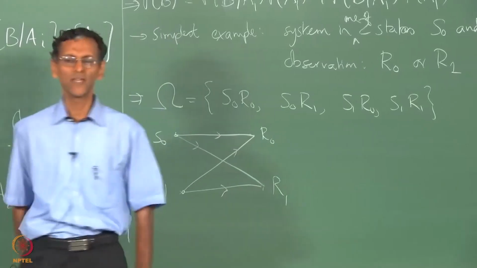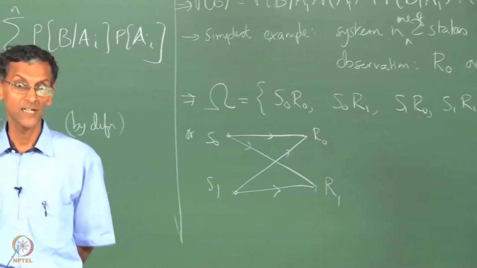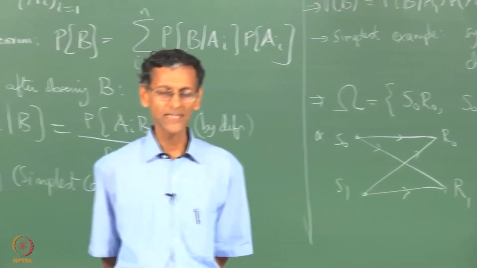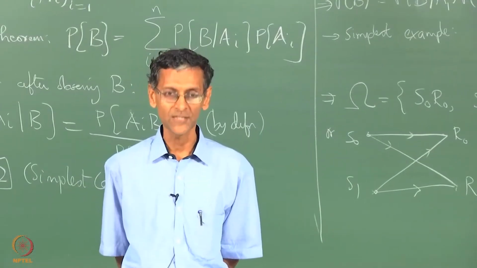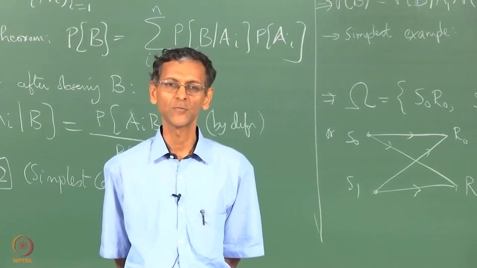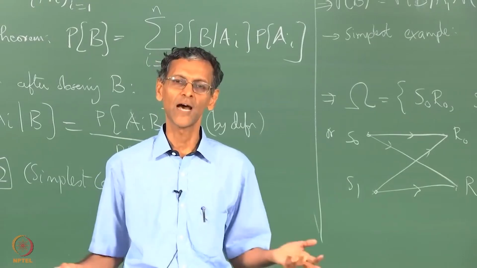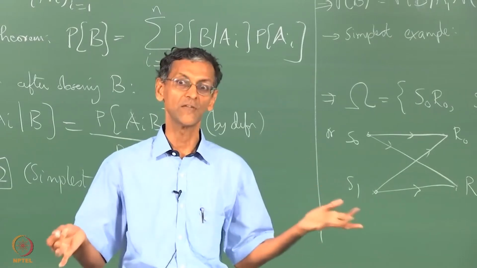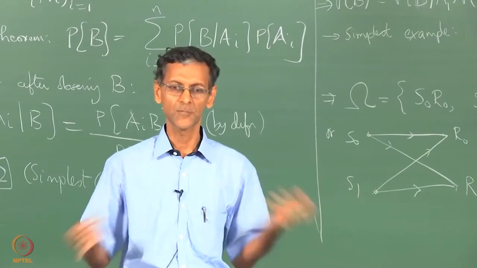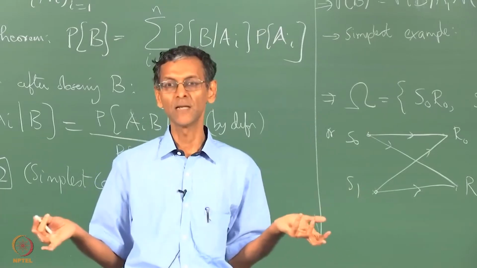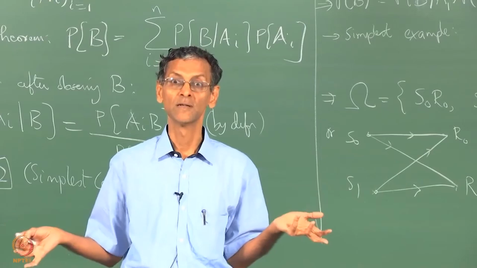So where does this situation affect communication engineers a lot? It's the most basic digital communication system there is. S0, S1 is the hidden bit that is to be transmitted, and R0 and R1, let's say a fixed system is given, which spits out again a single bit as observation, R0 or R1.